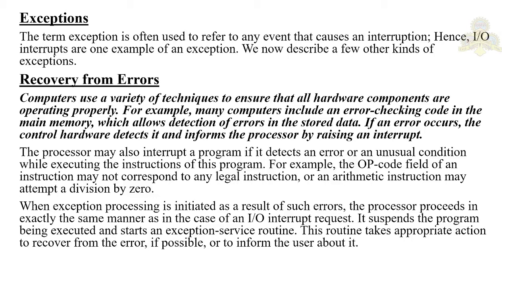But the interrupt mechanism is used in a number of other situations. One among them is the exception. The term exception is used to refer to any event that causes an interruption. I'll repeat, exception is used to refer to any event that causes an interruption. So IO interrupts are one example of an exception.